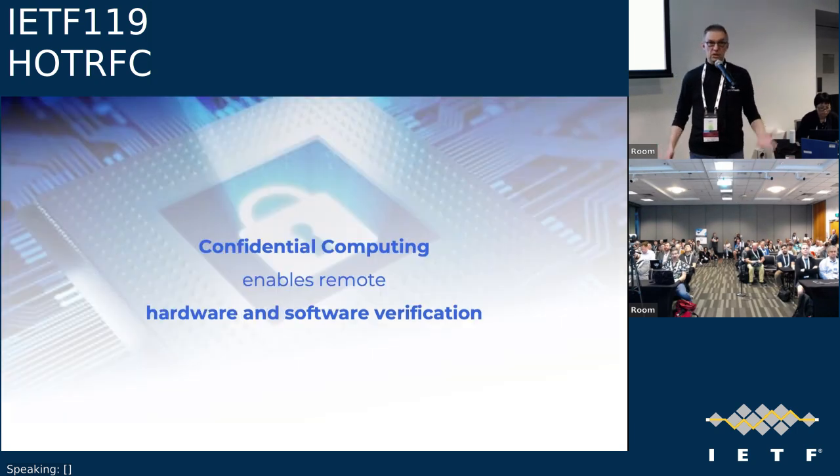It turns out there's a very interesting technology called confidential computing, trusted execution environments, that has been available for a few years now. It gives you the fundamental property of being able to remotely verify the chip itself, the hardware, and then the software that runs on it within the enclave.